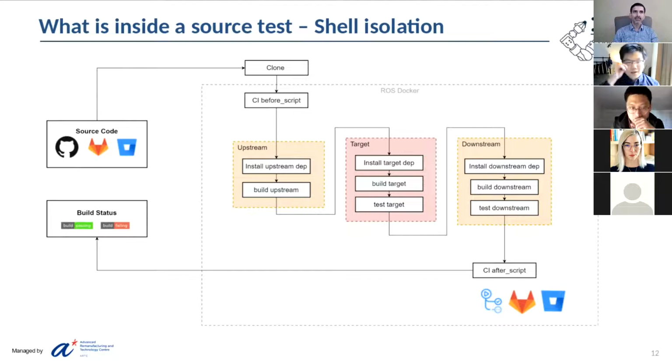So this is one example of what Industrial CI does: based on the functionality provided by various CI services, we're constantly improving and leveraging more advanced functionality provided by the CI service itself.